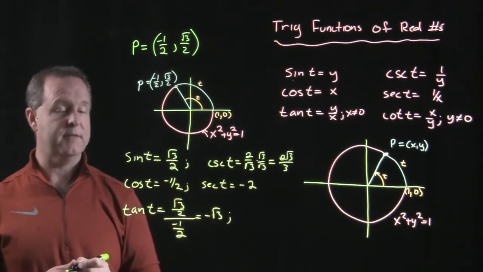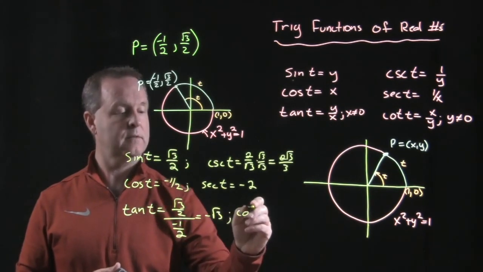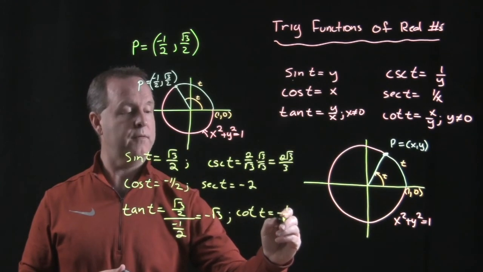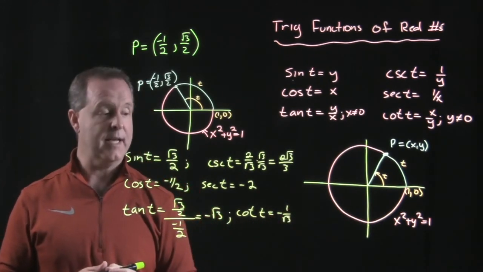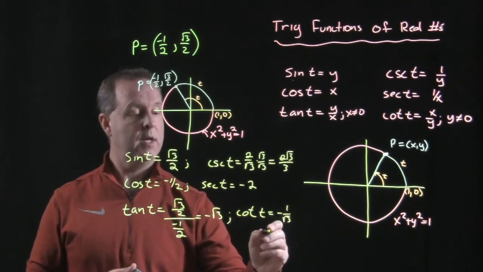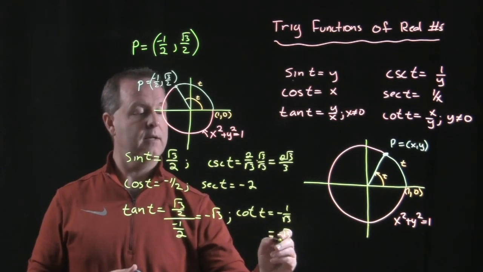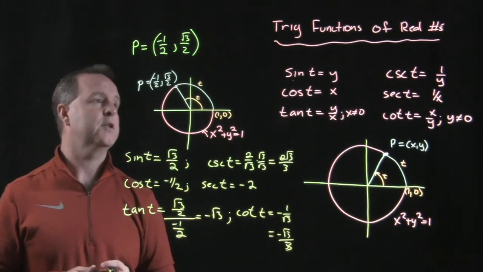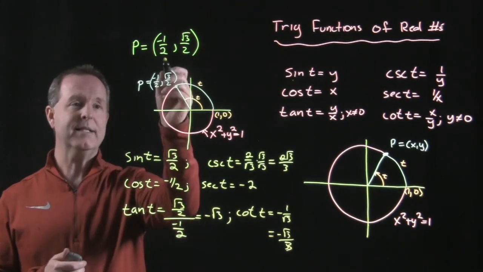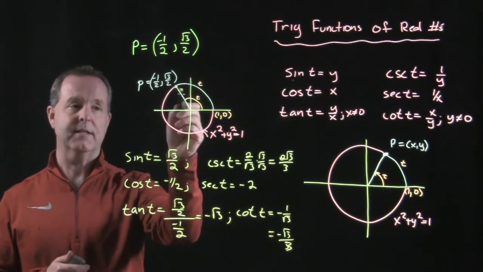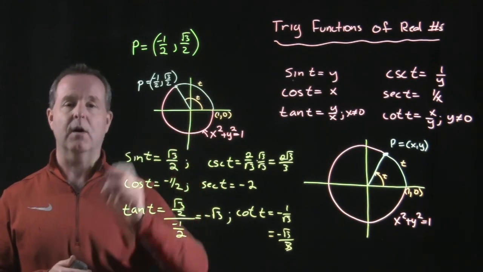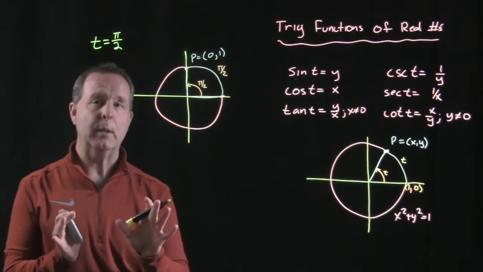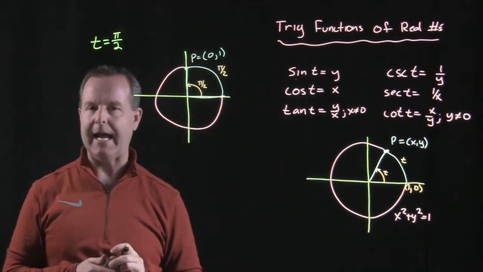And the reciprocal of tangent is cotangent, which is going to equal -1 over root 3. I need to rationalize the denominator there as well, so that's going to equal -root 3 over 3. So there are the trig functions of real numbers based on the point that's described by the intercepted arc on a unit circle. So let's look at where I have a measure of t equaling pi halves.